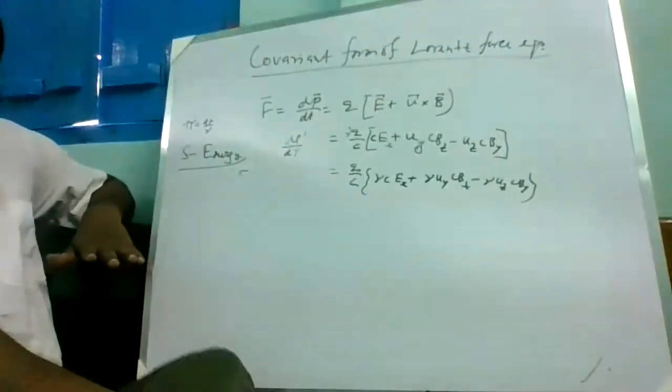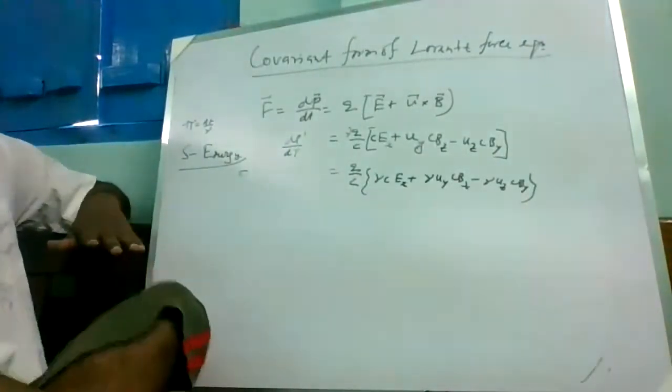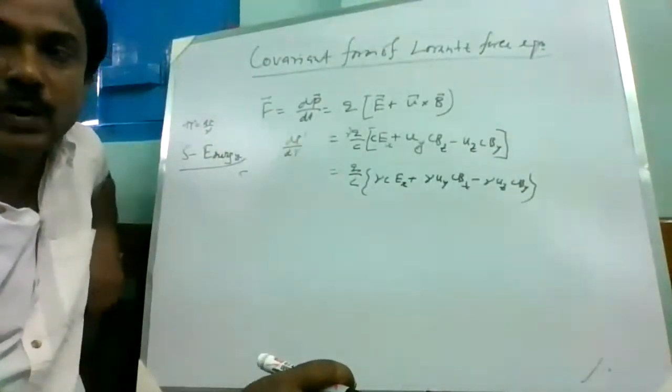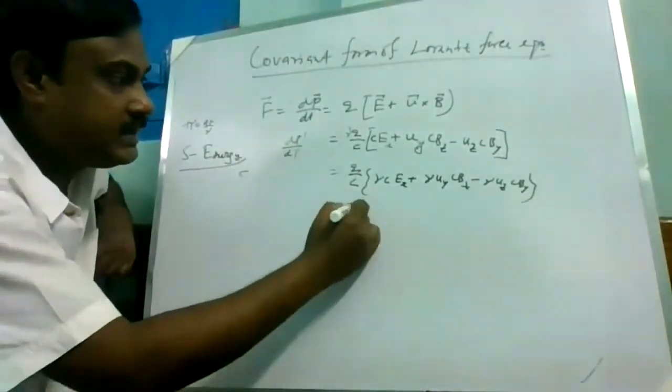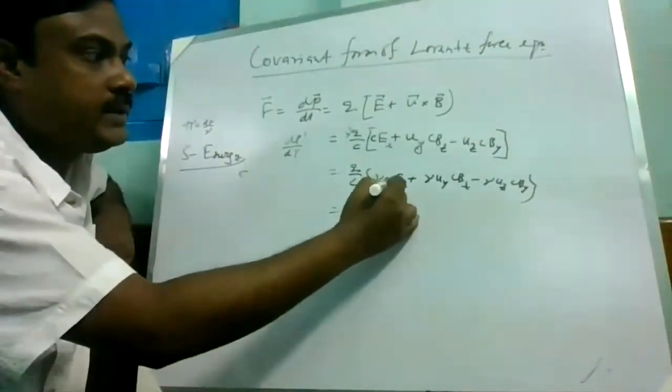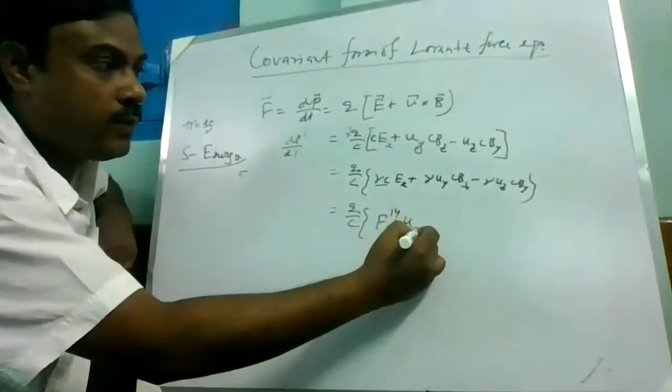Now, if I represent it as the contravariant field tensor, then ex is nothing but f14. So we can write this equation q by c as ex is f14 and uc is u4, right?